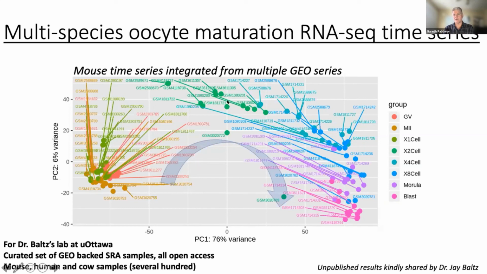This PCA plot shows a nice smooth transition, a trajectory. And these samples are in fact from many different experiments. At this point, no batch correction has been done, and it's still usable data.